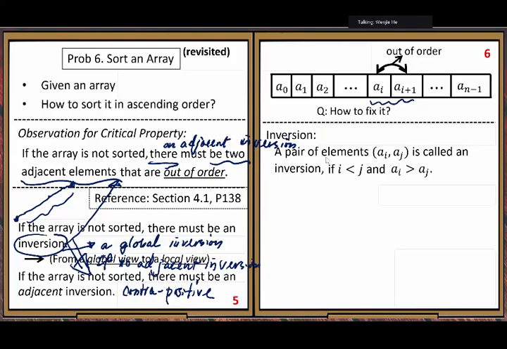We want to reduce the number of inversions, right? So our main idea here is to reduce the number of inversions.